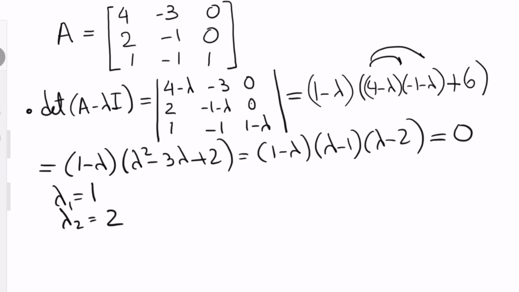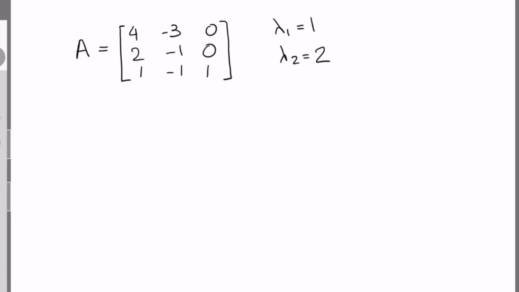Okay, so the next step is for each of the eigenvalues, we have to find the basis for the eigenspace. So now with each of the eigenvalues, we are going to calculate the eigenspace. So for instance, for lambda 1 equals 1, we are going to calculate the kernel of A minus 1 times the identity.